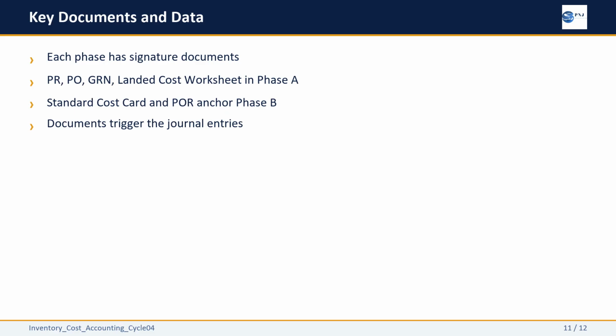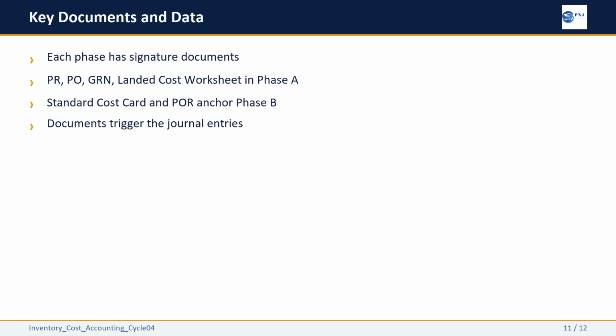Every phase leaves a paper trail, and those documents are how cost actually travels through the cycle. Phase A produces the purchase requisition, the purchase order, the goods receipt note, and the landed cost worksheet. Phase B produces the standard cost card and the predetermined overhead rate calculation, the POR.